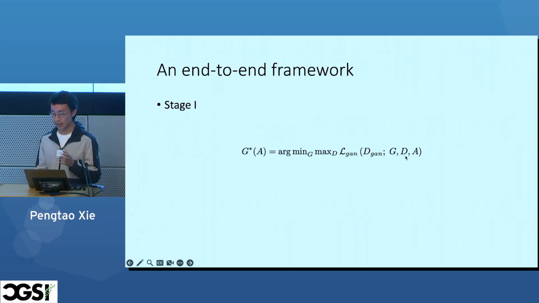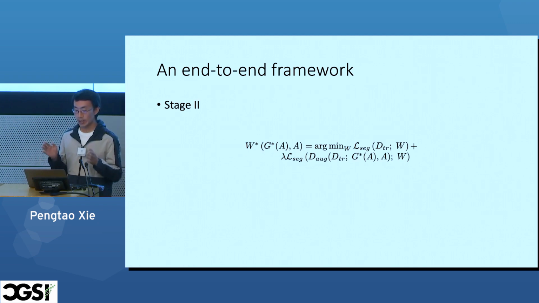So at this stage, this architecture of the generator is tentatively fixed. So after resolving this problem, we get the optimal generator G star, which is a function of the architecture, right? Because A is not optimized here. Each time you have a different A, you will have a different loss function, and the optimal solution of G star, the weights of the generator, would be different. So it's a function of A.